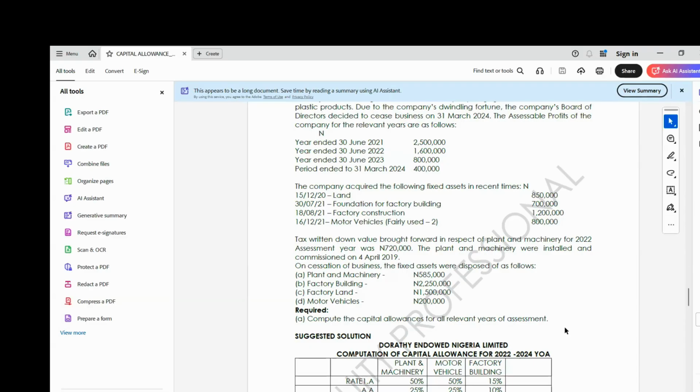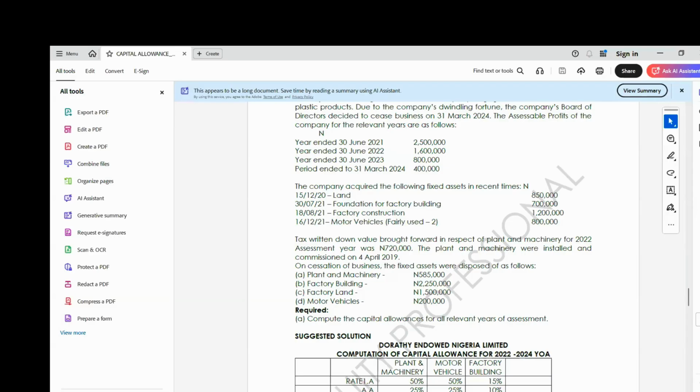For us to be able to compute this, we first of all need our computation of tax liability, of assessable profit, which is the basis period.